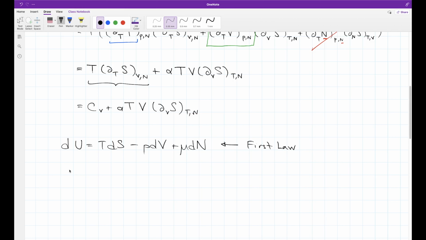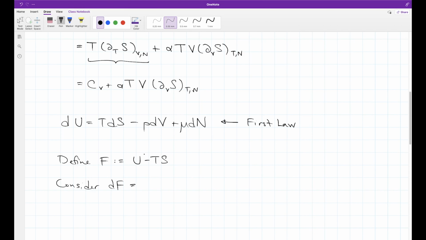Now, without telling you why I'm going to do this, I'm going to define the quantity F to be equal to U minus TS. And then let's look at dF. Well, it's going to be dU for sure. Then we need to use the Leibniz rule on d(TS) in order to figure out what that will be.